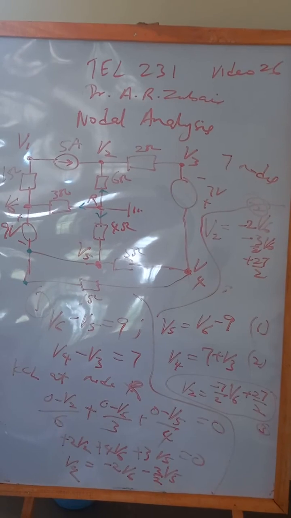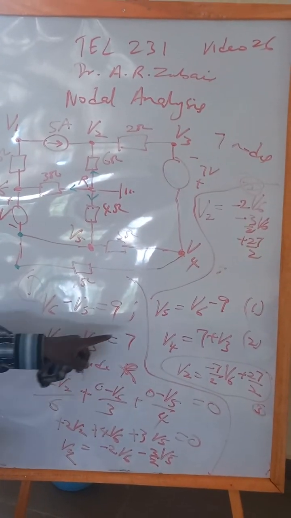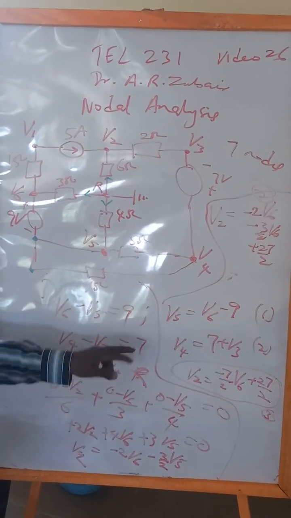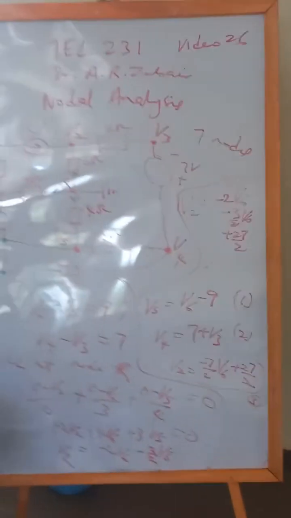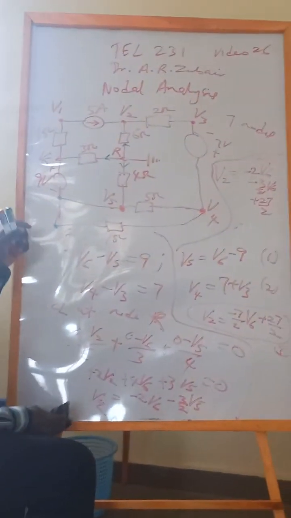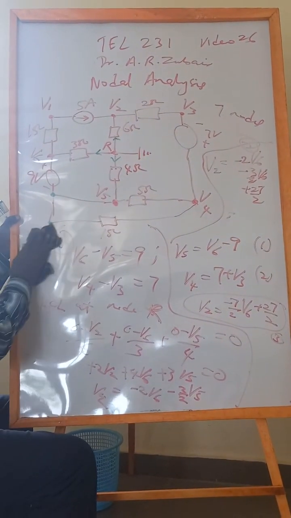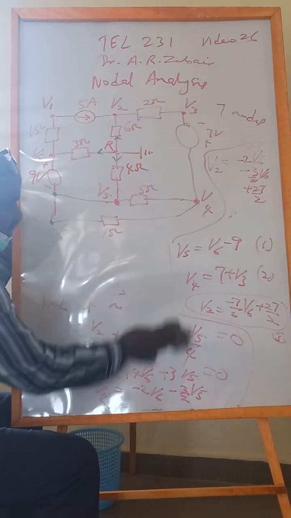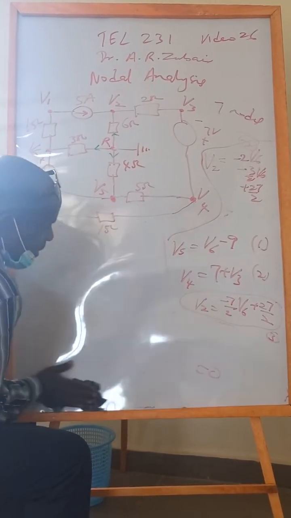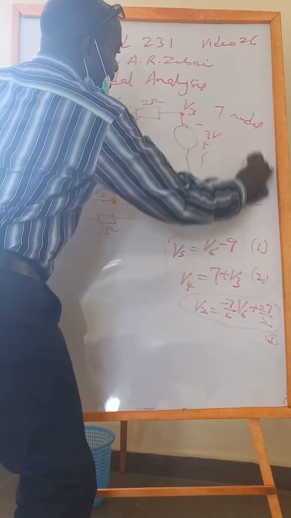Please help me write these equations down: V5 equals V6 minus 9, V4 equals, let's pause this video here. So we have written these 3 equations down. I will leave the equations on the board.